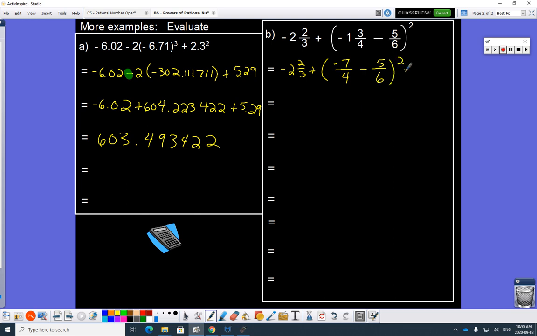And more repetition here. What do you absolutely have to have if you want to add or subtract fractions? Common denominator. It was very good on the quiz here. I only saw like 1 or 2 people who got a common denominator for multiplying and dividing. So for multiplying and dividing, you don't need a common denominator. Things just get out of hand when you do that. For adding and subtracting, you do need that common denominator.